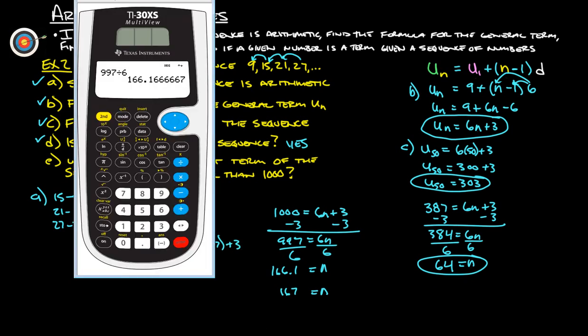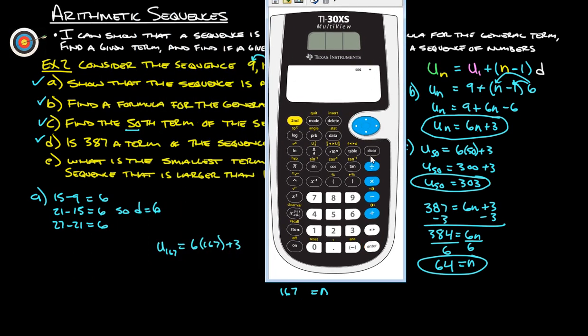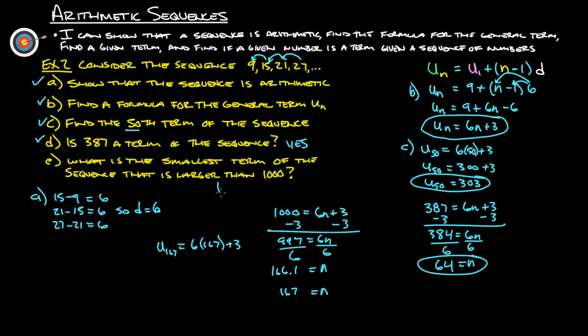So let's see what that gives us. Okay, so 6 times 167 plus 3 gives us 1,005. So the smallest term in the sequence that's larger than 1,000 is 1,005 for that one there.